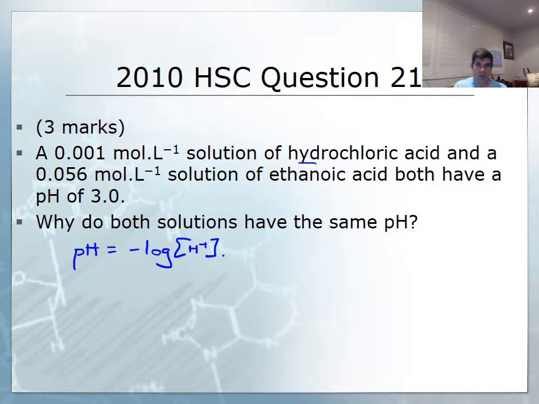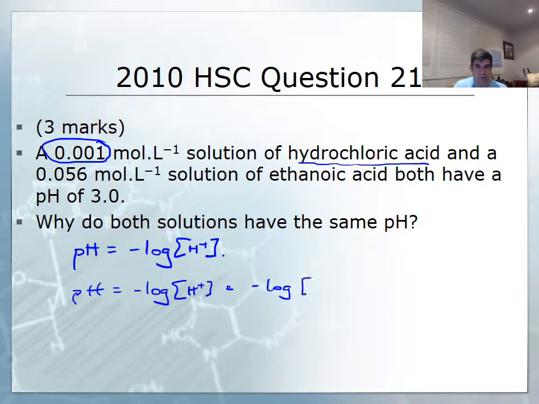We know, for example, hydrochloric acid is a strong acid, and therefore all of it will ionize, it will completely ionize, and therefore we can assume that the pH is going to be equal to minus the log of the concentration of H+, which is minus the log of 0.001, and therefore the pH is going to be equal to 3. Check it out in your calculator. So we know that one's right, and it also fits with that.